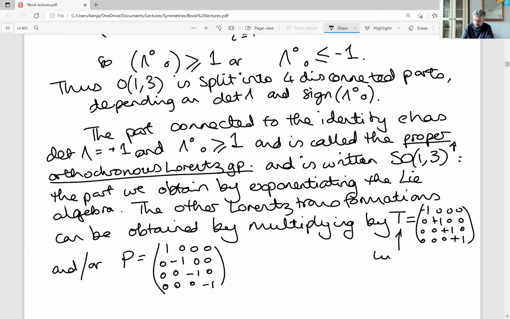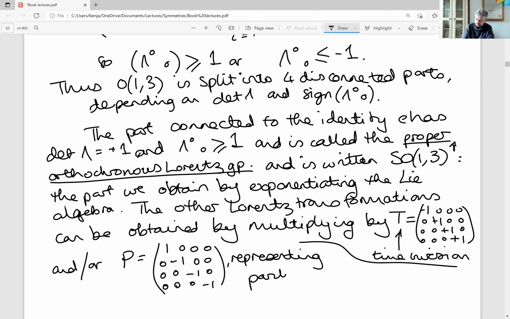This is time inversion. And P is parity reversal. So here the spatial components go to minus themselves.